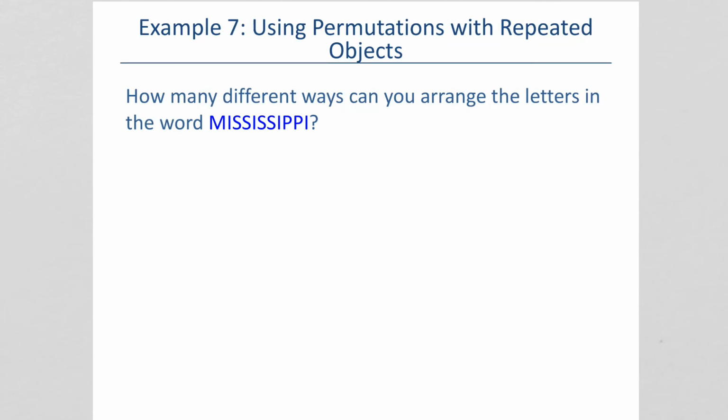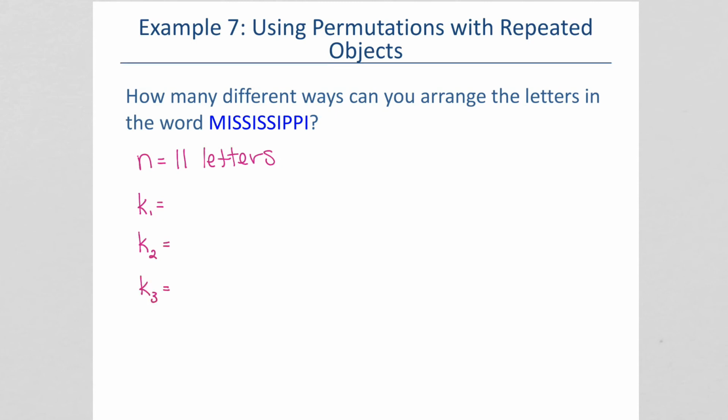How many different ways can you arrange the letters in the word Mississippi? So we first need to talk about the number of letters. n will be the number of letters. There's 11 of them. And then your k's would be how many of each type of letter there are.